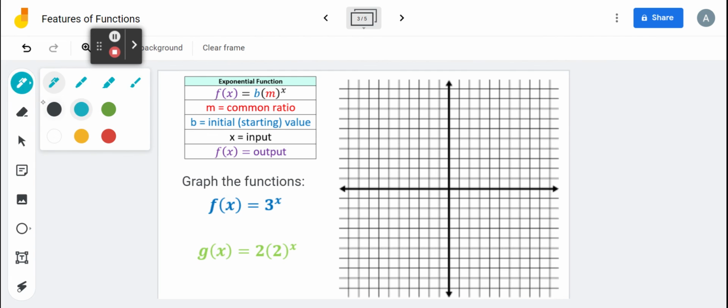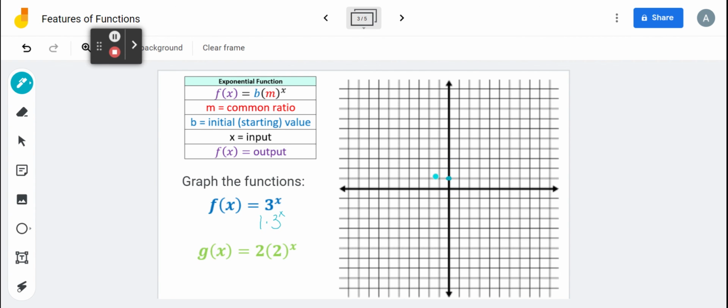So let's go ahead and look at f of x equals 3 to the power of x. This is the same thing as saying that I have my initial value is 1 times 3 to the power of x. So this means that my rate of change is going to be 3. If I'm looking at a table, if my input is 0, that means that my output is going to be 1.